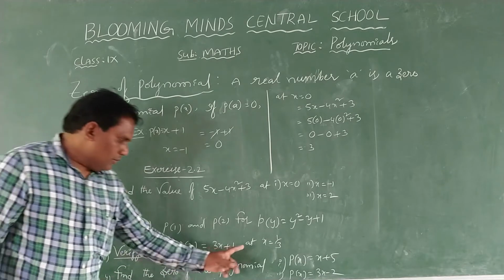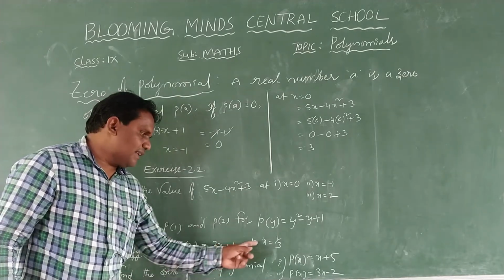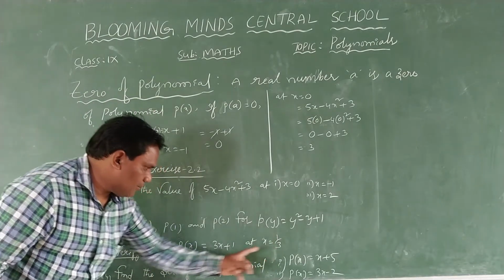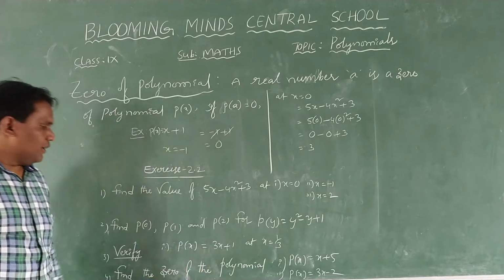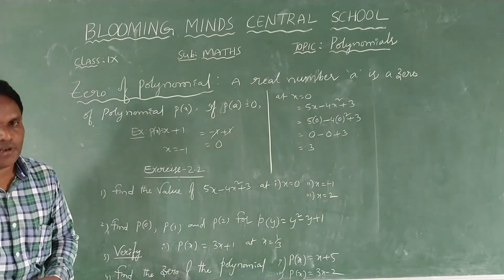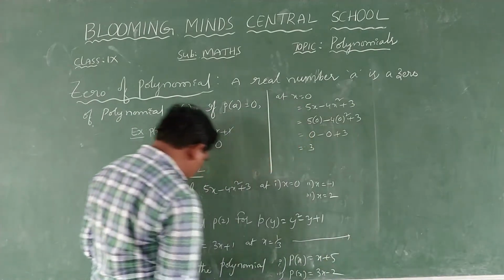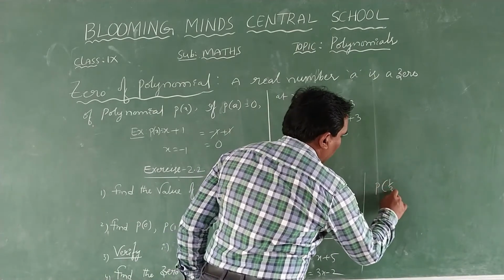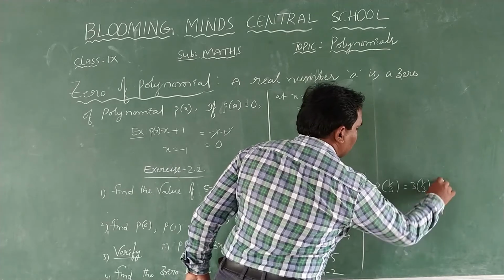Verification. p of x is equal to 3x plus 1 is a problem, at x is equal to 1 by 3. You have to apply x is equal to 1 by 3 wherever x is in the polynomial. Then is it a 0 of the polynomial or not? We have to verify. That means you can find like this: p of 1 by 3 is equal to 3 into 1 by 3 plus 1.